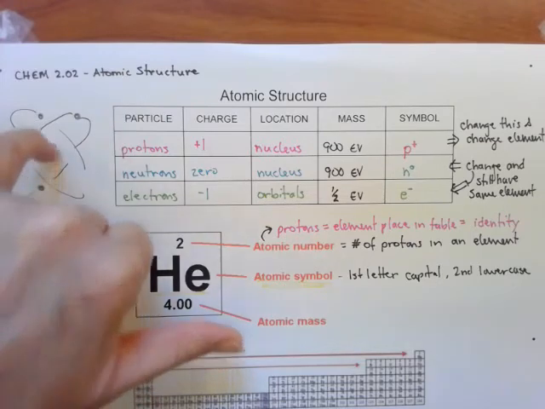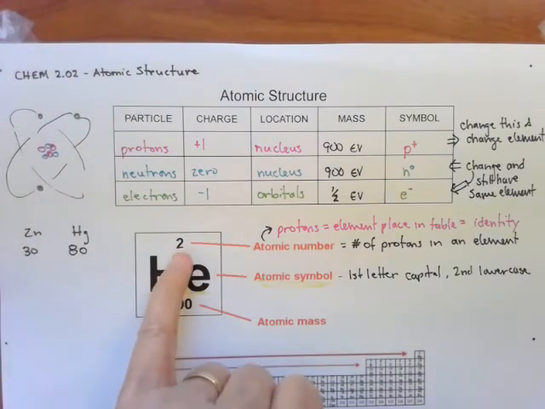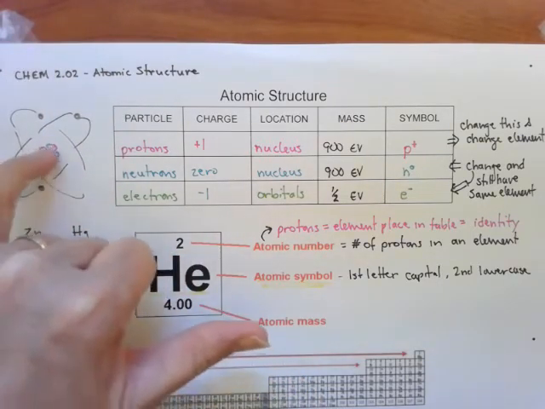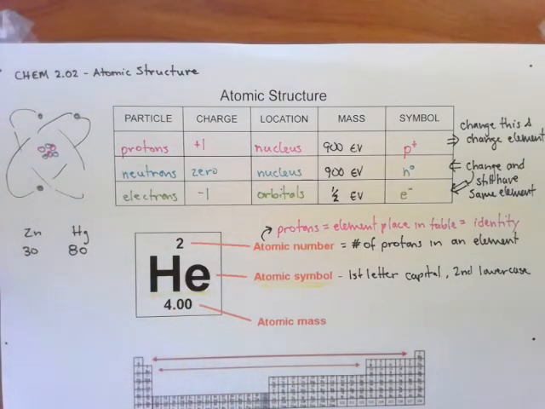So if I kicked one of these guys out, that would be helium because it would have 2. If I kicked 2 of those protons out, I would have hydrogen because it would have 1 proton. So if you change the number of protons, you're changing the element that you're talking about. If you can change the neutrons, and that changes the weight. You can change the electrons, and that changes the charge. But you cannot change the number of protons and still maintain the same element.